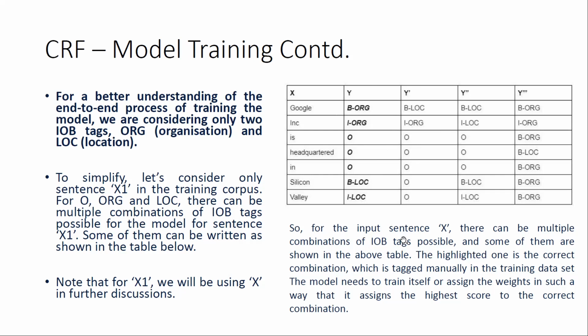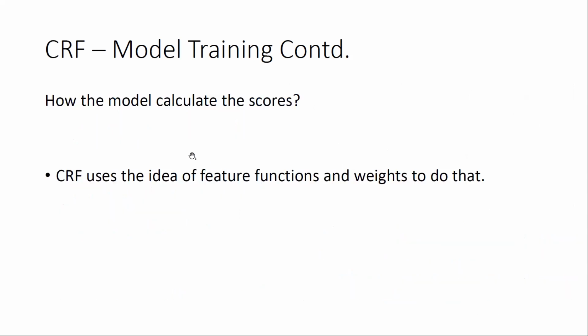So this is how there will be multiple options based on multiple types of feature selection, and we have to choose the best one depending on whichever has the highest score for the correct combination. And we will look at how we are calculating this score that we are talking about. The model calculates the score using the idea of feature functions and weights.